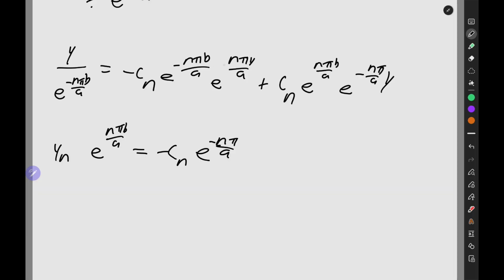I took out a negative, so this is going to be b minus y, plus e to the n pi over a times b minus y. I took out an n pi over a. B minus, that one's easy. You don't have to take out a negative.